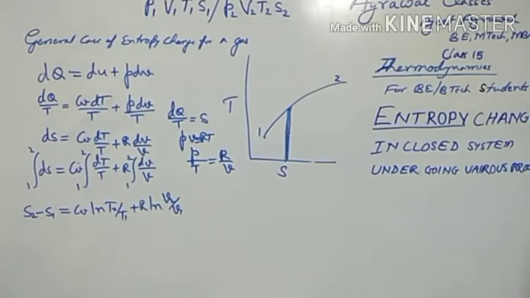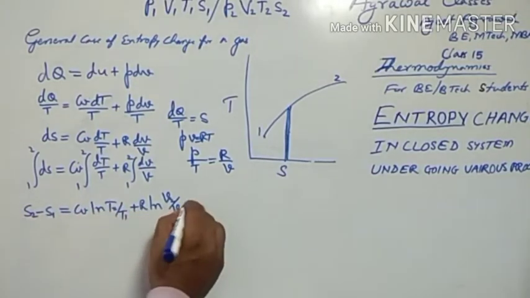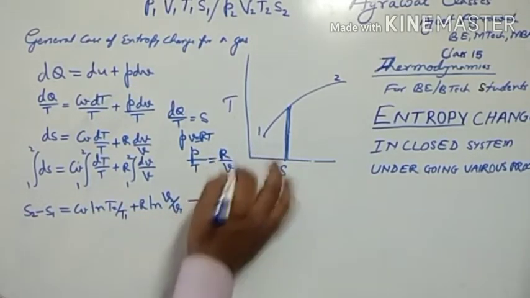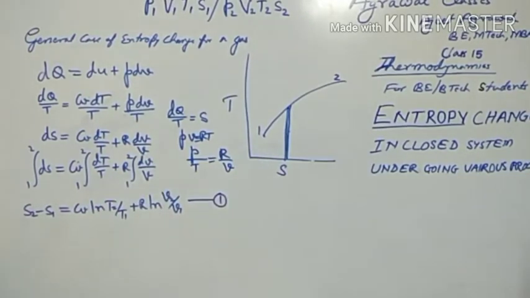This is the general equation for the entropy change during a general process for a gas in a closed system.